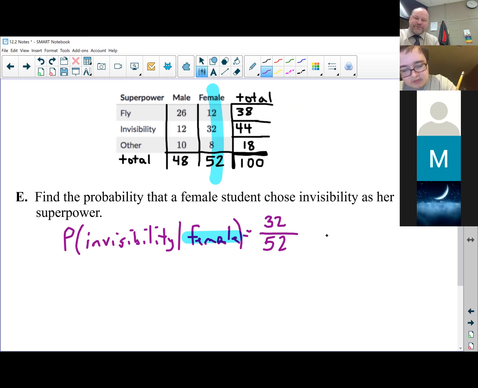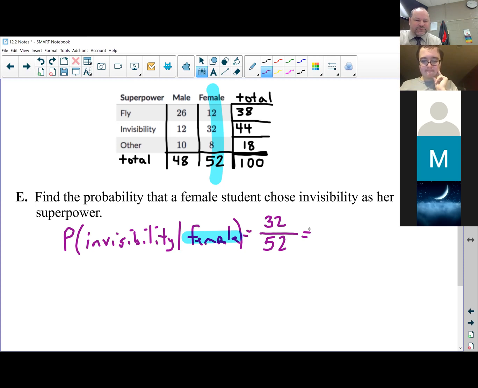Does that reduce? Makari, you can reduce it, right? What can I divide each of those by?